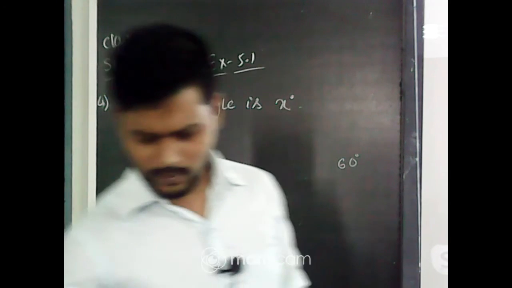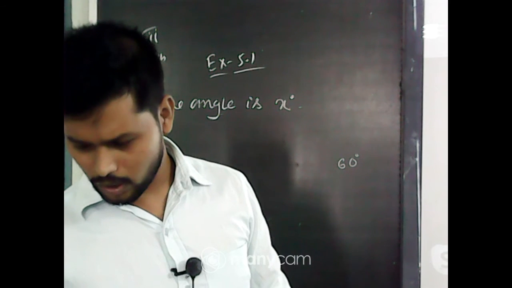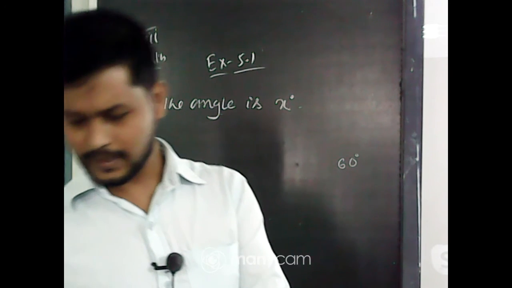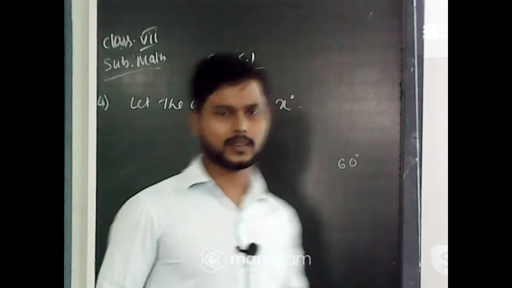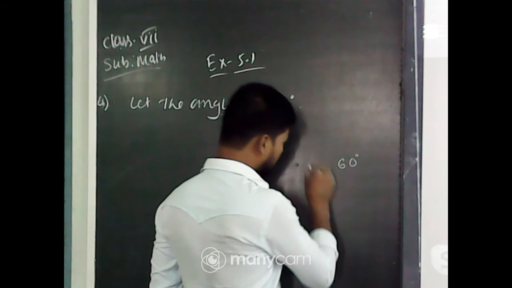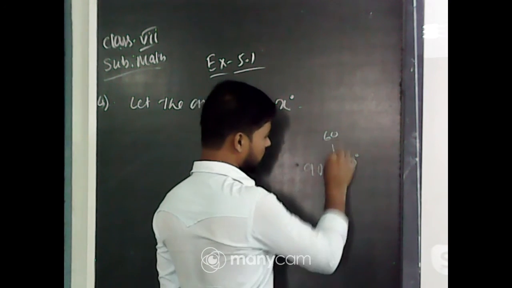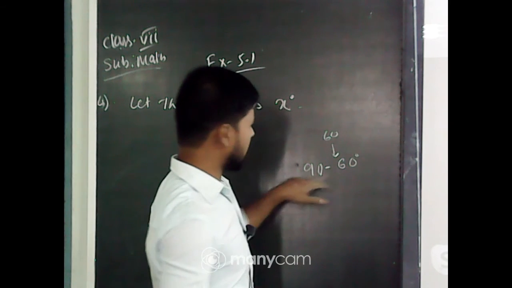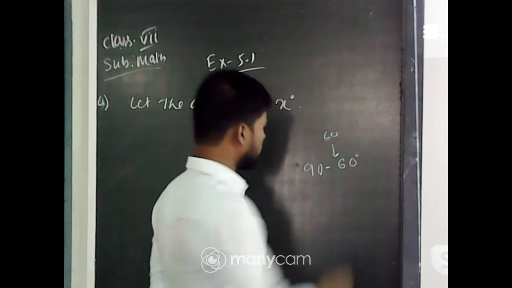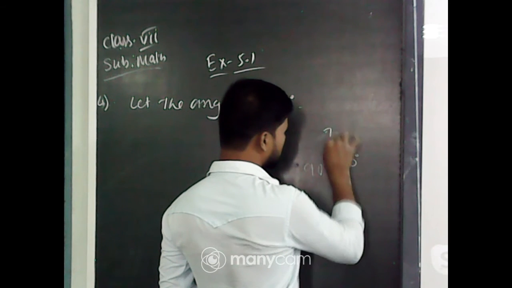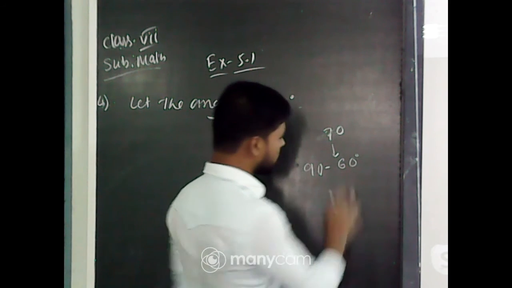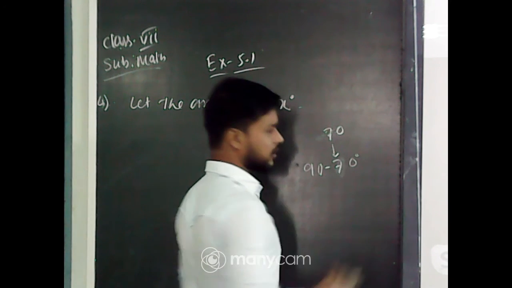So look, the process is we have to subtract the angle from 90 degree. In question number 1, we found the complement angle of a given angle. So the formula is subtract the angle from 90 degree. If the angle is 60 degree, its complementary angle will be 90 minus 60 degree. What if the angle is 70 degree instead of 60 degree? Its complementary angle will be 90 minus 70 degree.